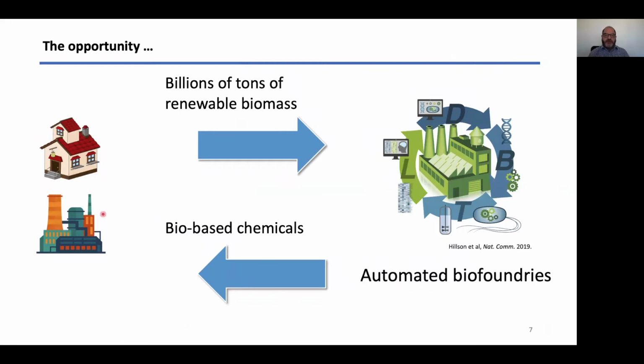All of this biomass, what we are trying to develop are facilities or platforms called biofoundries, where we can transform it using bio-based processes into chemicals with added value, and in that way create a circular economy.